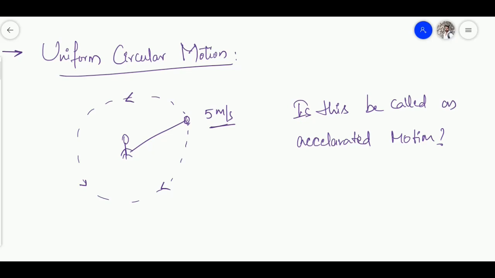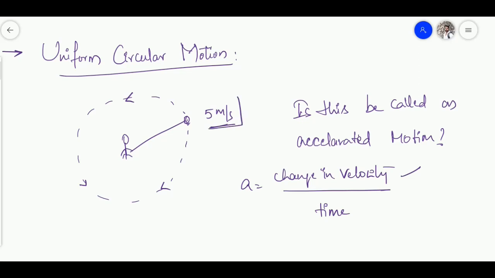Is there any acceleration to the stone actually? Acceleration equal to change in velocity by time. Is there any change in velocity? I am saying it is moving with a constant velocity of 5 meter per second. Is there any change in the velocity? No. 0 by t, 0 by time. Acceleration is 0. When the acceleration is 0, how can it be accelerated motion?